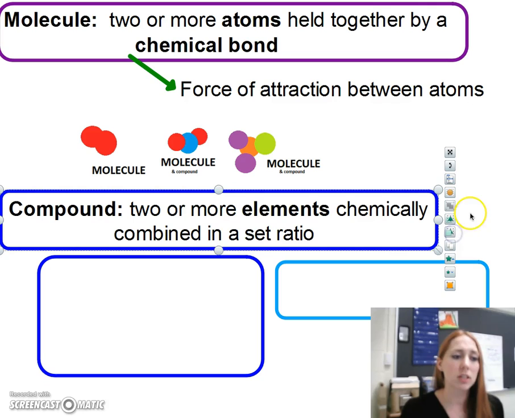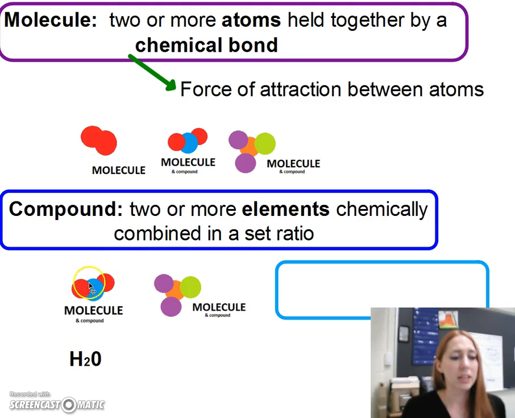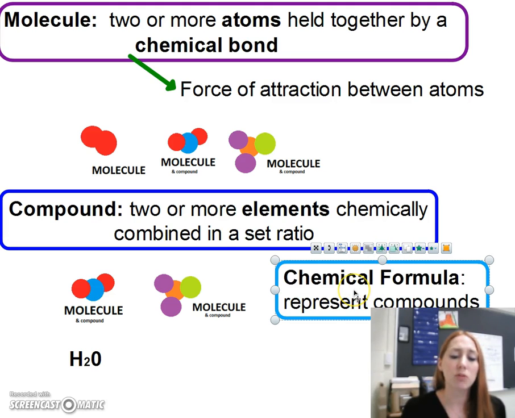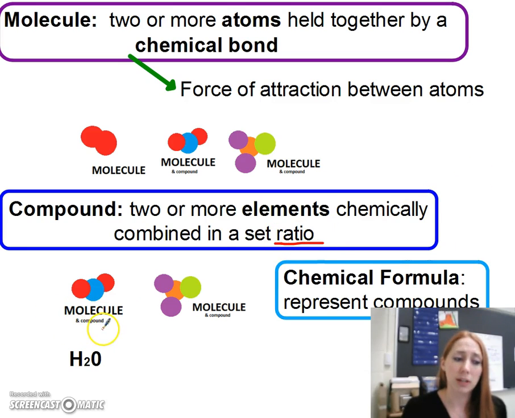Now compounds are two or more elements that are chemically combined at a set ratio. For example, this molecule, also a compound, should look familiar. That Mickey Mouse ears molecule is H2O. Now H2O is a chemical formula, and it represents compounds. It's letting us know the ratio that we always find water at.